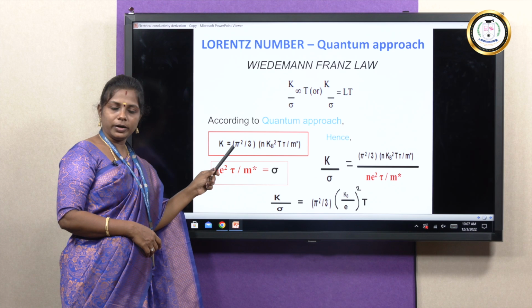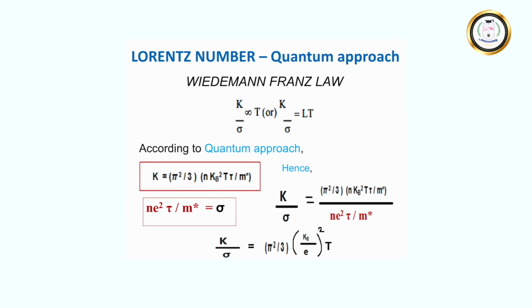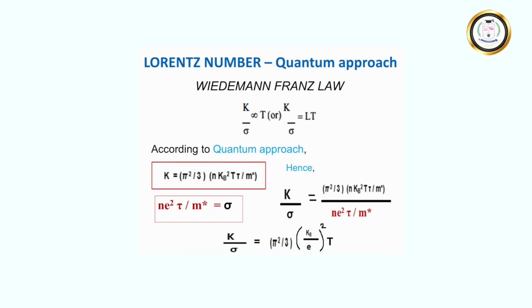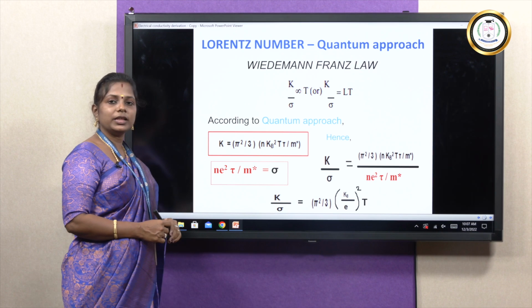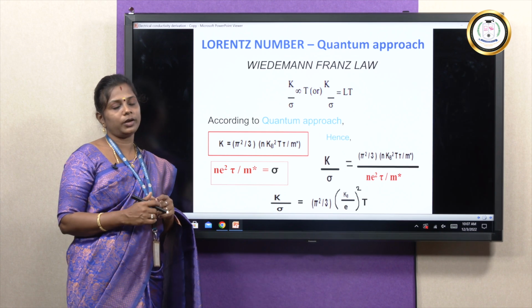So, according to the quantum theory, in the expression of K as well as in sigma, we considered the effective mass of an electron m star. By using these expressions, now we are going to get the value of the Lorentz number.